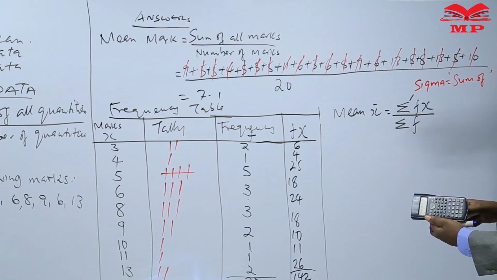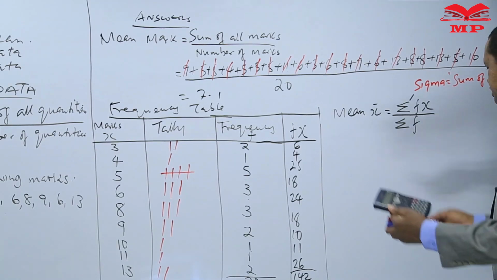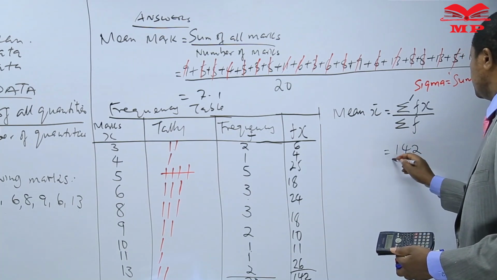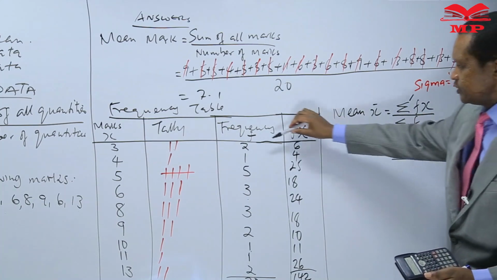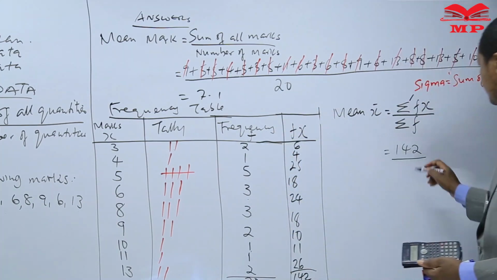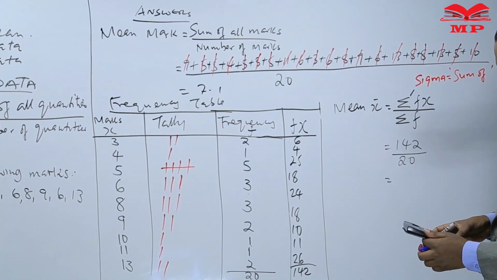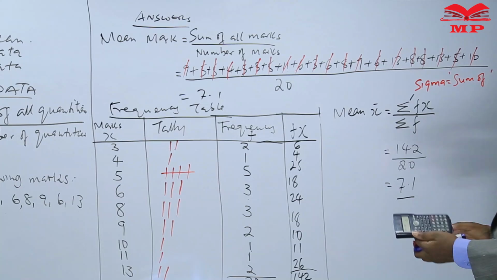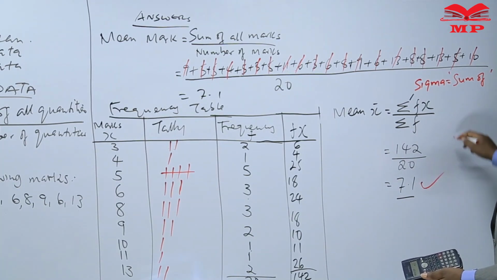So the sum of fx as calculated is equal to 142. Then we divide by the sum of frequency. The sum of the frequencies is equal to 20, which will give us 7.1. This is the answer.